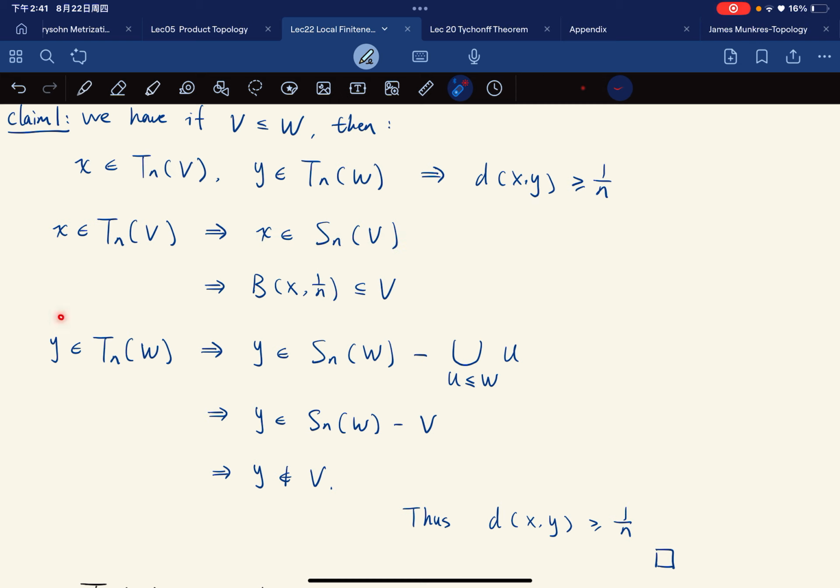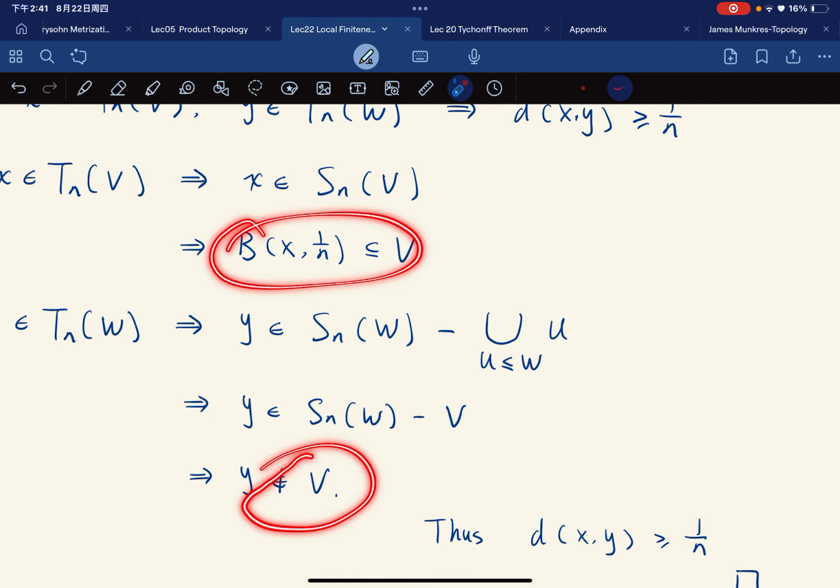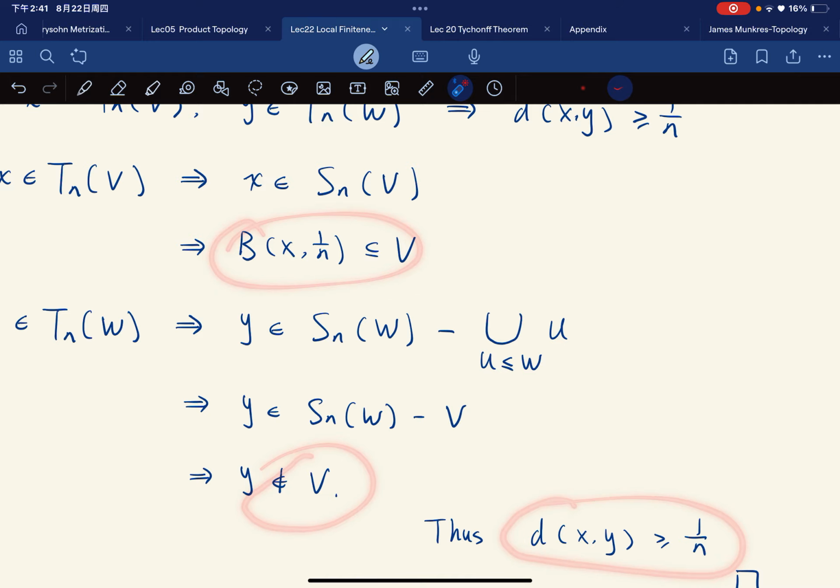And on the other hand, y is in T_n,W, which means that you are in this, but you're not in this. But remember that V is less than or equal to W, so you're not in V, which means that this isn't contained in V, and y is not in V, which means that their distance must be at least 1/n.